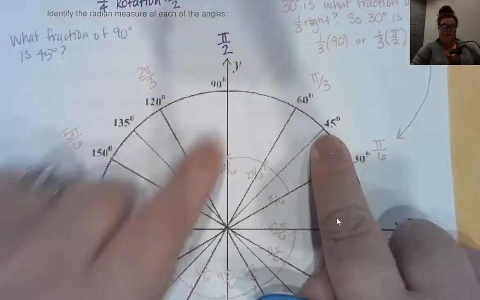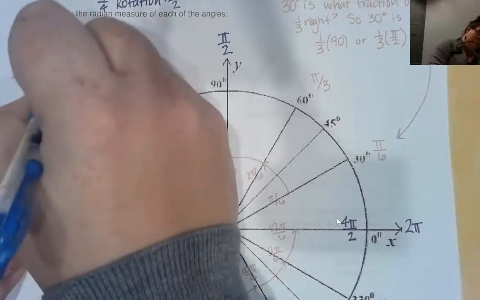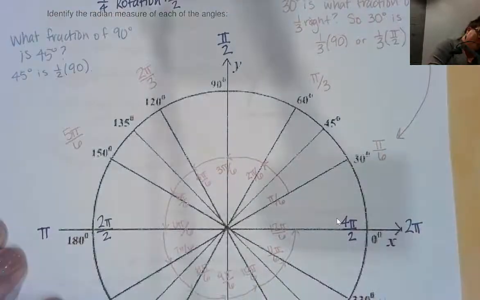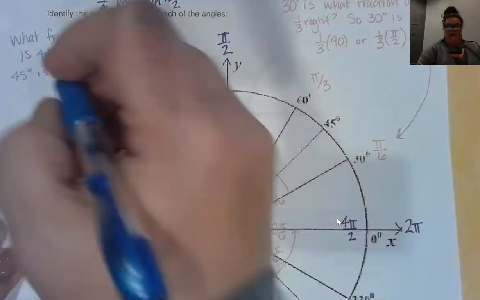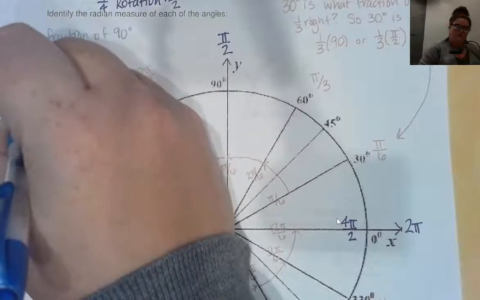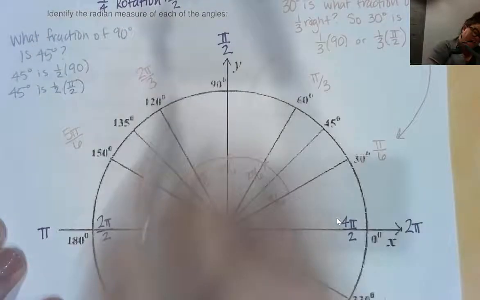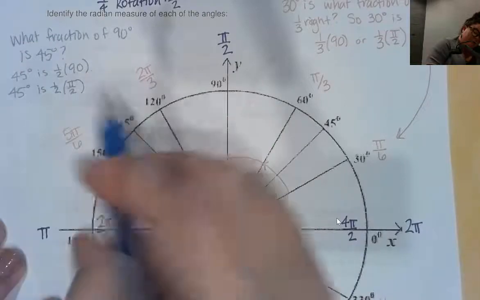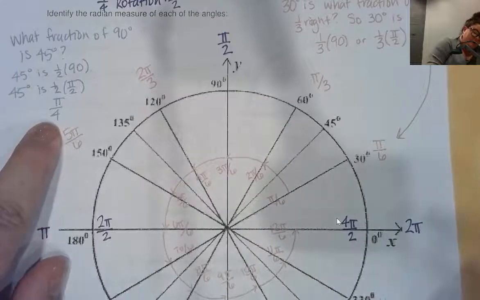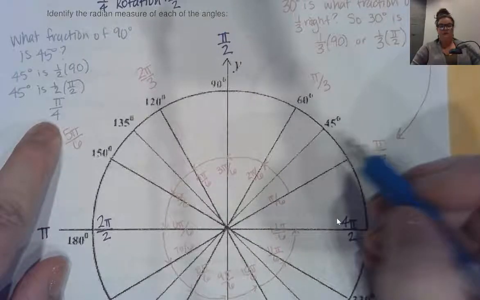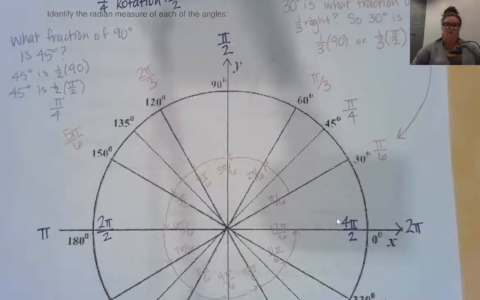So 45 is half of 90 degrees, right? But again, we're not writing 90 as 90 degrees, we're writing 90 as pi over 2, which means that 45 degrees is half of pi over 2. And then if we multiply straight across, that gives us pi over 4. So I can go ahead and label this 45 degree measure as pi over 4.